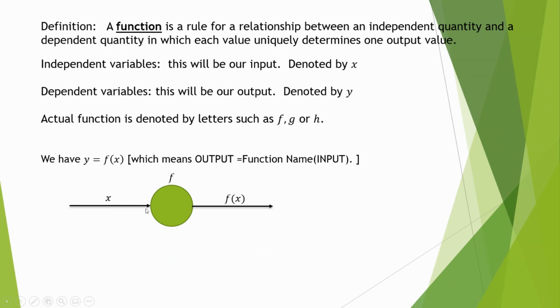For each input, that's what x represents, you get an output. Something goes into the function, and something else comes out of the function. And again, what's nice about functions is for each input, you're only getting one output. So you don't have to worry about which output to use, as if the function gave you back more than one. You only have one to worry about.